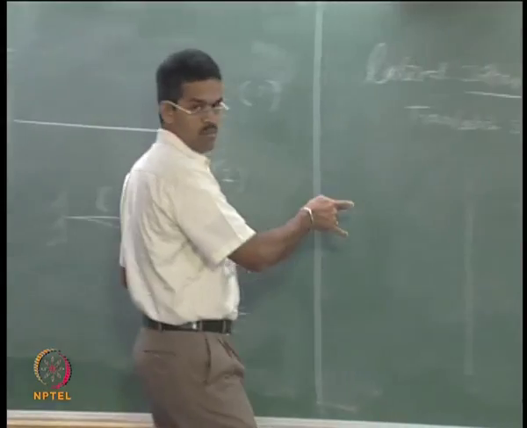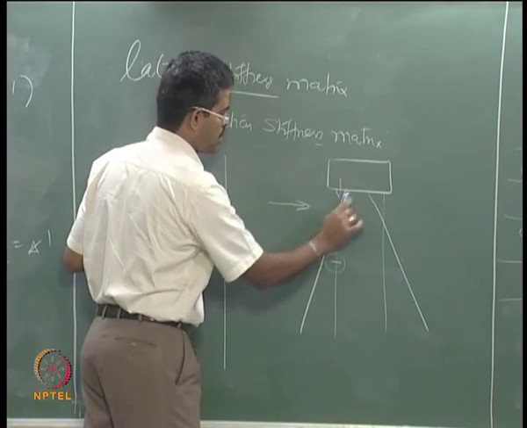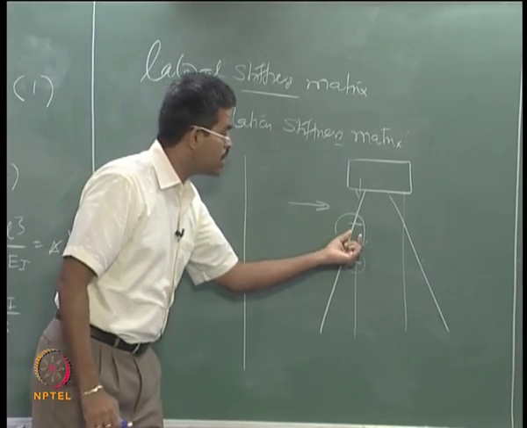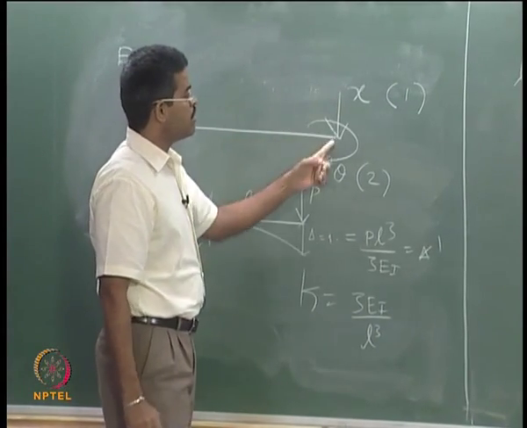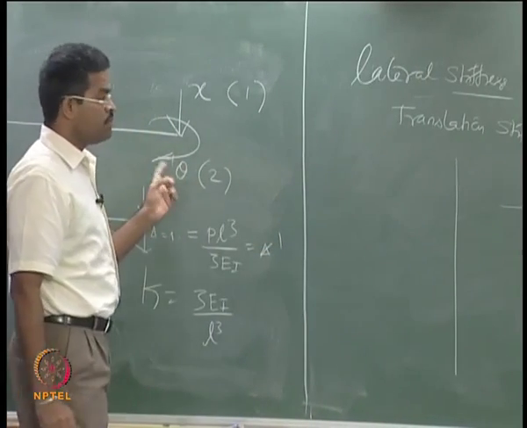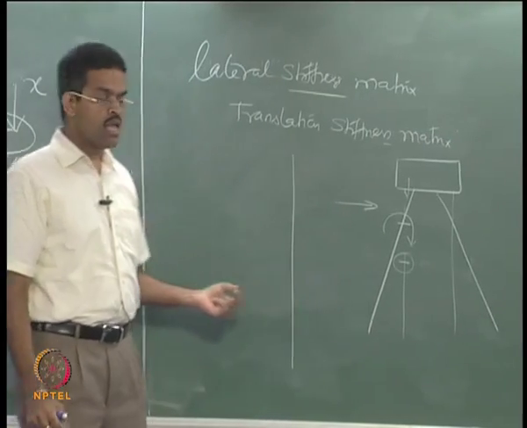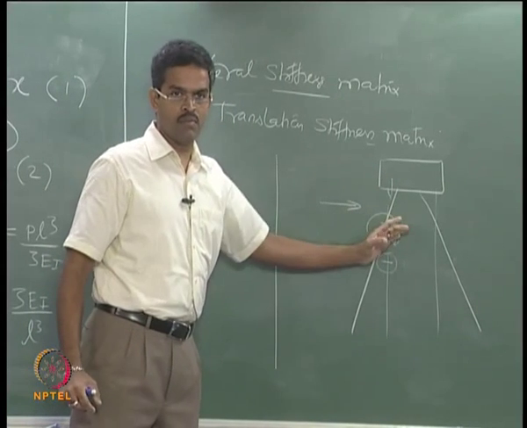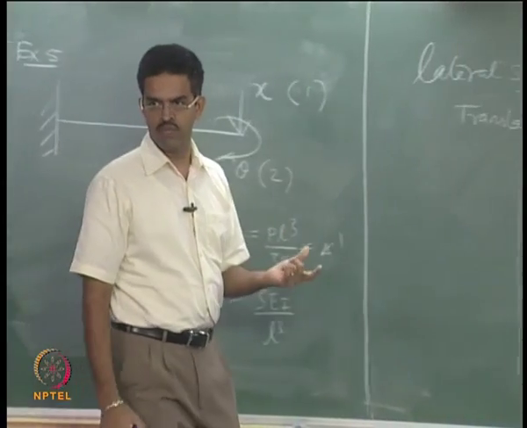On the other hand, because of the weight or because of inclination, there is a moment also acting here. So it is a very classical example of a member which has a lateral load from waves and a moment because of weight or eccentricity of the load. You cannot idealize this problem as purely a lateral load problem and get stiffness, it is not correct. So in such a situation what do we do?